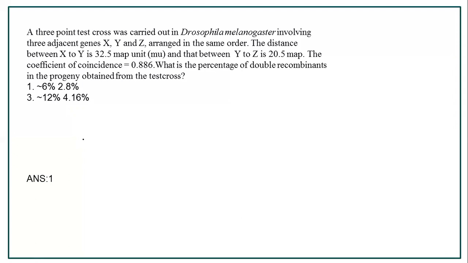The distance between X and Y is 32.5 map unit, or 32.5%. Another is the Y and Z, which is 20.5 map unit or 20.5%, right?